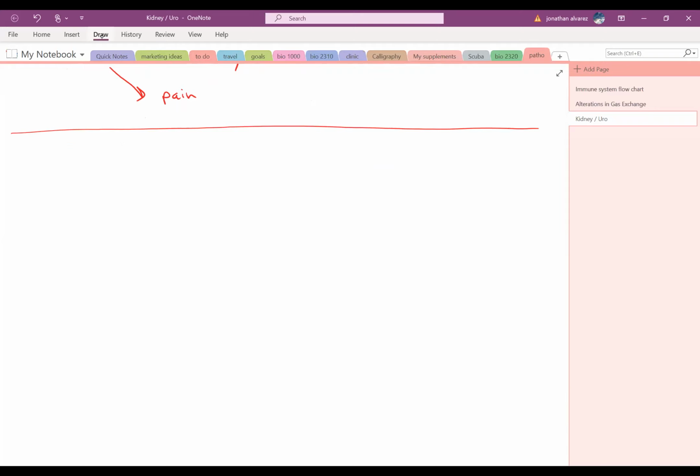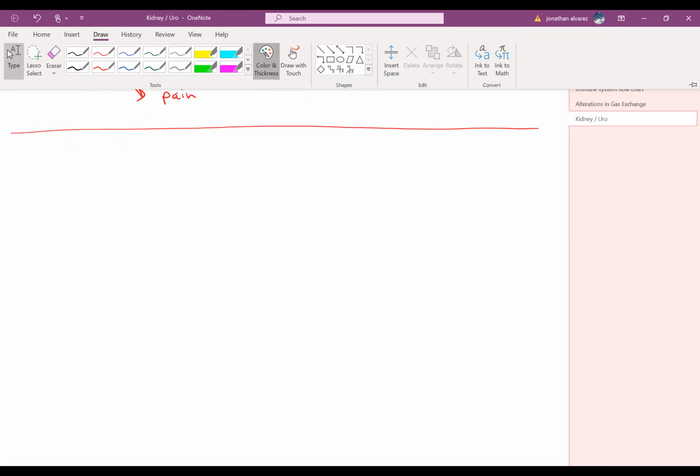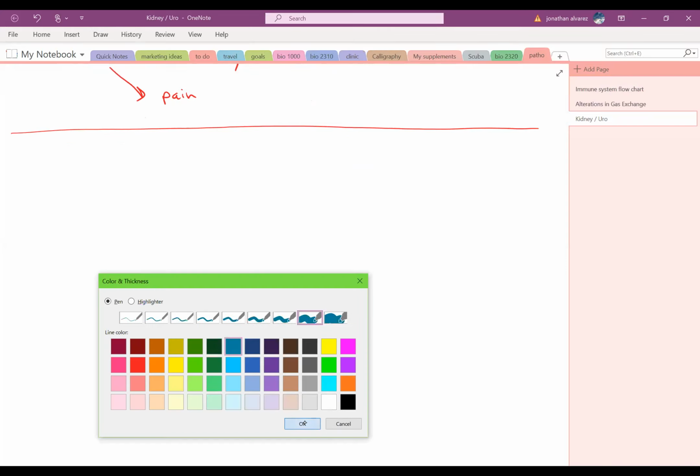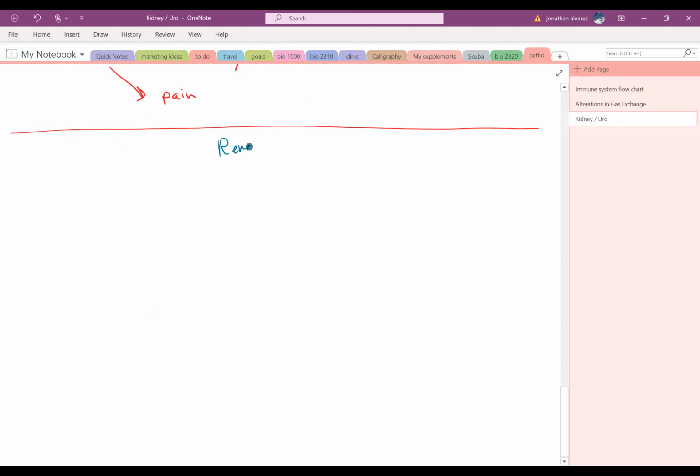So let's just do a quick renal review of function. Earlier we mentioned the kidney's job is to keep the good stuff and get rid of the bad stuff.